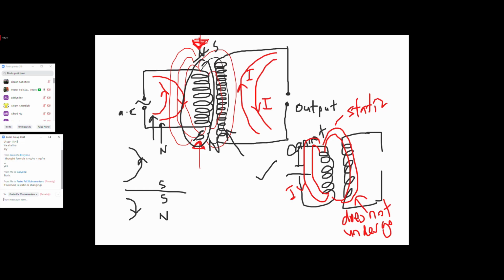So the whole idea here: why do we need AC current to build a transformer? So that the primary coil can constantly produce an electromagnetic field with changing direction. When the electromagnetic field is changing direction, the secondary coil constantly undergoes changes of flux.